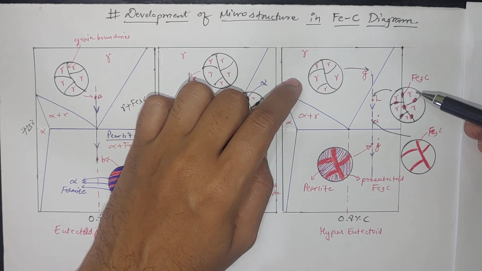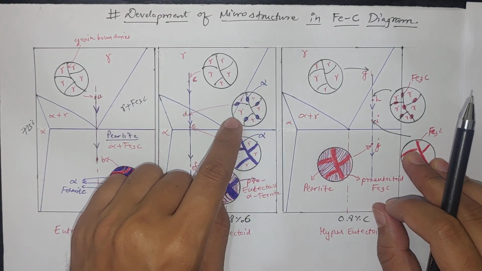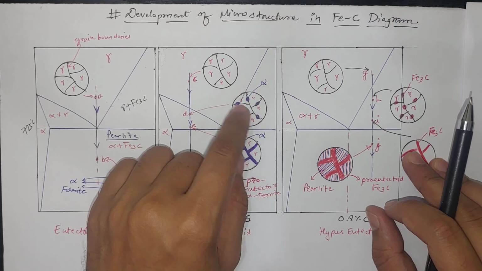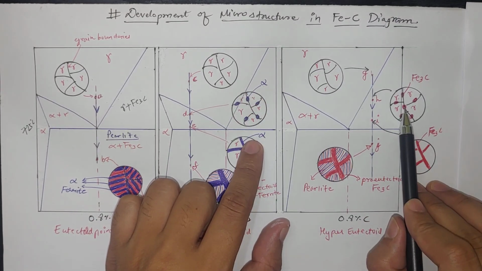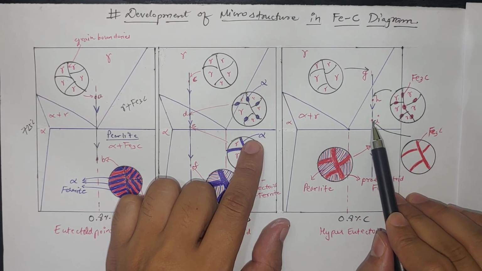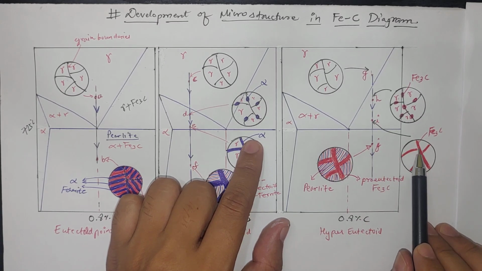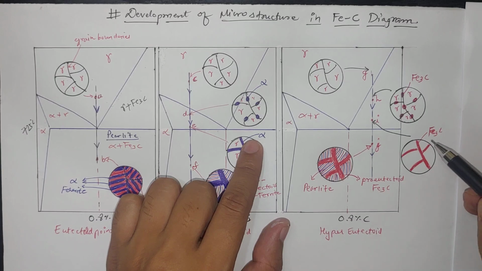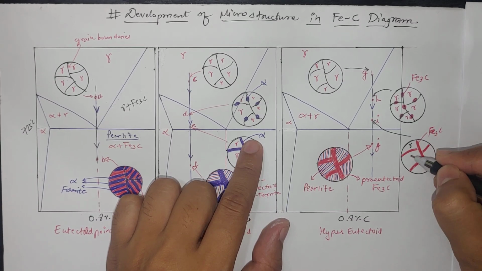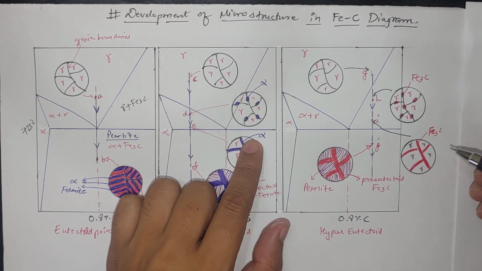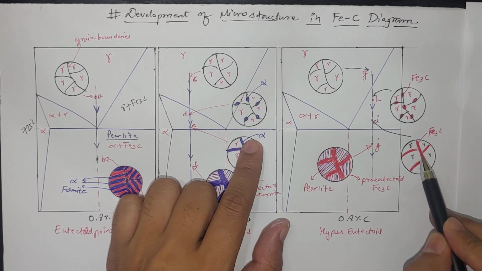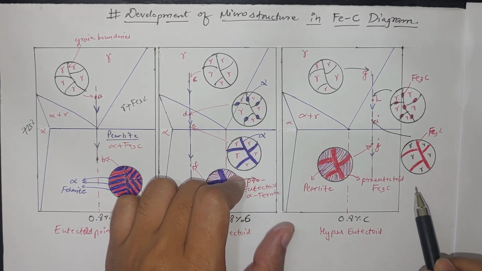In this region it is ledeburite, where gamma is present inside the grain, and on the grain boundary there is a formation of Fe3C. Similar to the case where alpha ferrite was formed. If we further cool the temperature, then this grain boundary converts to Fe3C and the grains will be gamma, and this grain boundary will be fully Fe3C, which is cementite.